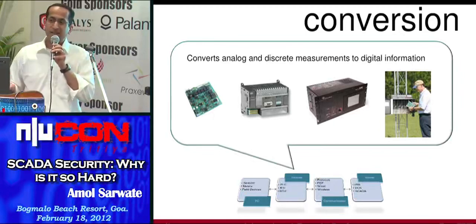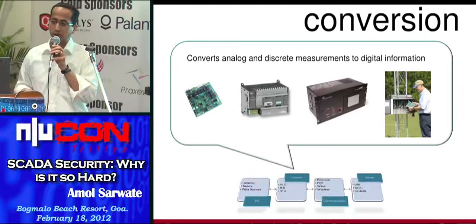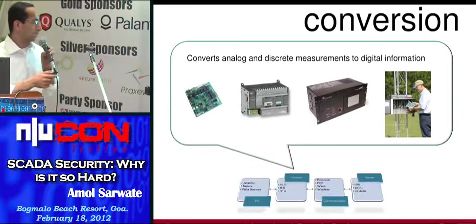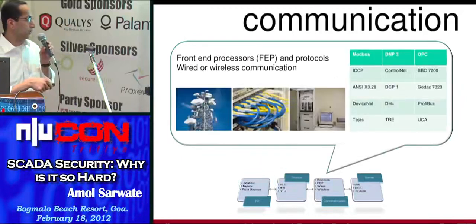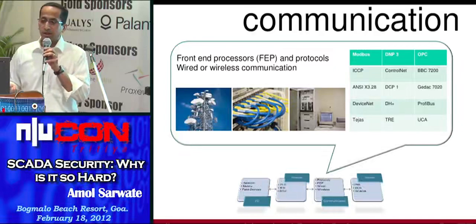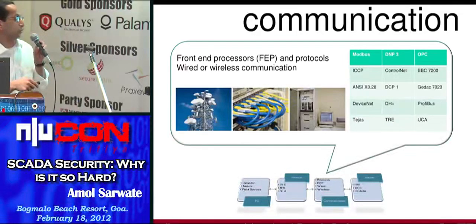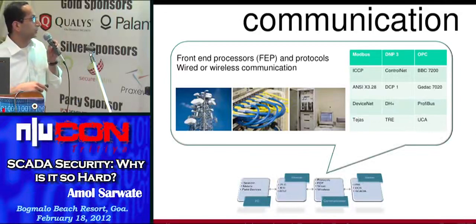Now this data conversion component has, again, a two-way communication with the end master unit or the SCADA unit using various communication techniques. It could use wired or wireless communication, Ethernet, or radio, but there is usually some communication means using one of these communication protocols to talk between these remote units and the master unit.